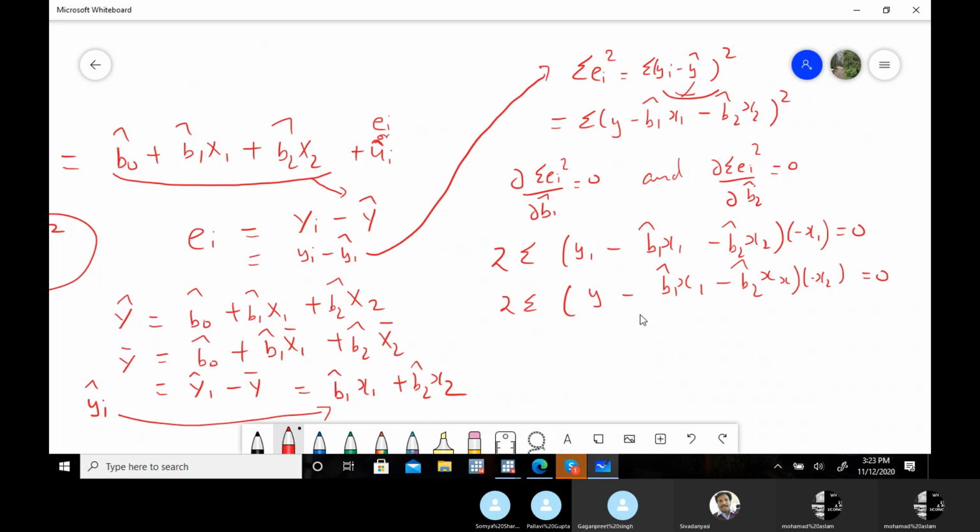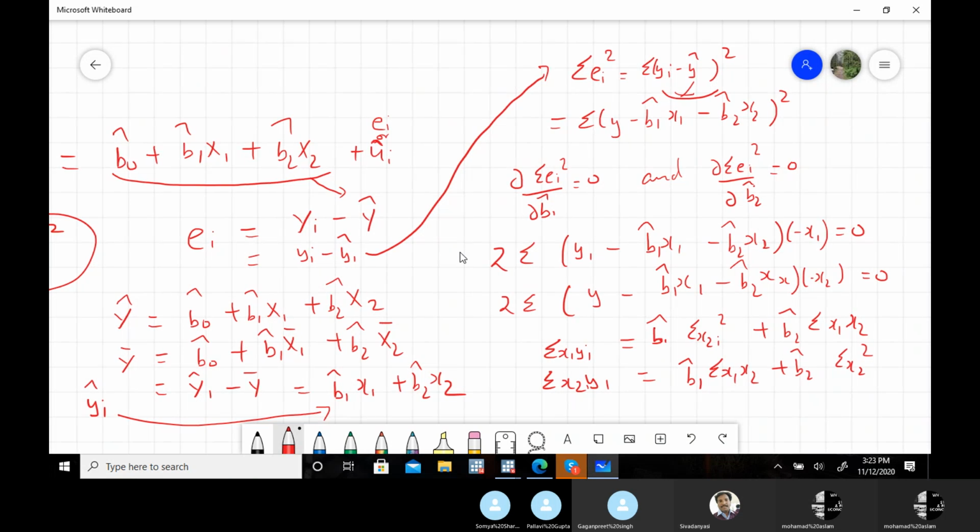If you solve this, divide by 2 on both sides and open the summations, then you will get these two normal equations in deviation form: summation x1 y1 equals beta 1 hat summation x1 square plus beta 2 hat summation x1 x2, and summation x2 y1 equals beta 1 hat summation x1 x2 plus beta 2 hat summation x2 square.